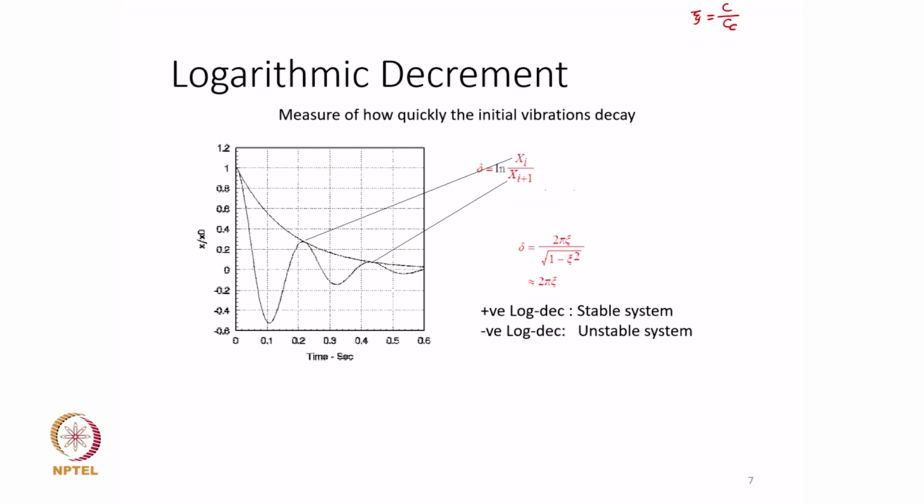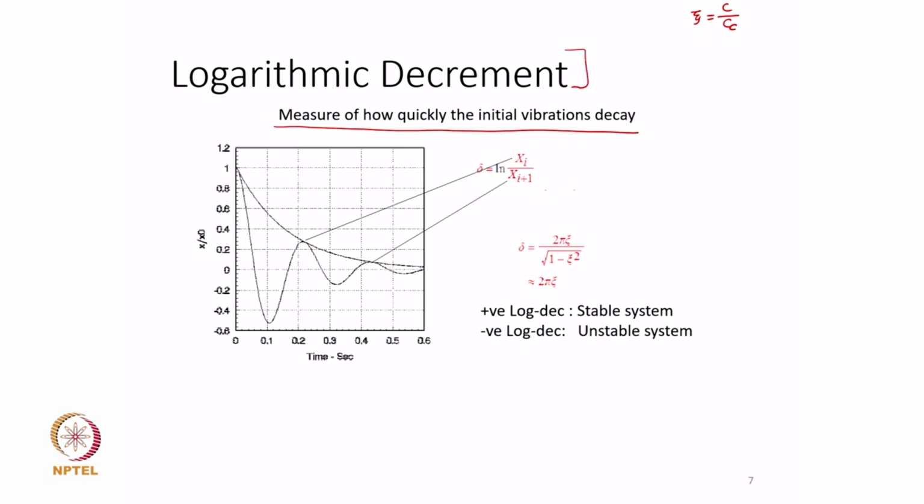I will discuss why that is so, but it also is a measure of how quickly the initial vibrations decay. In fact, zeta, or the damping factor, also in a way is a measure of how quickly the initial vibrations die out in an underdamped case. But there is a distinct relevance and importance of the logarithmic decrement, and that is what we shall discuss.